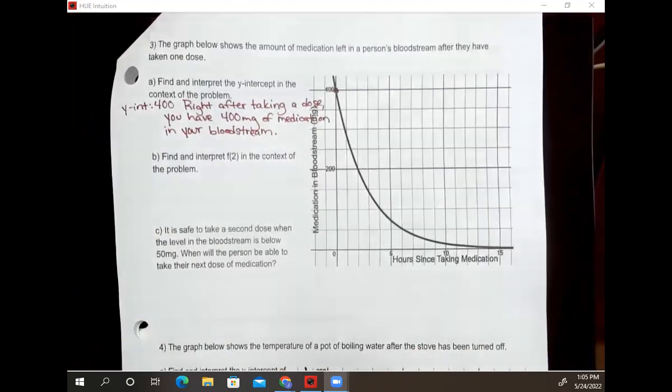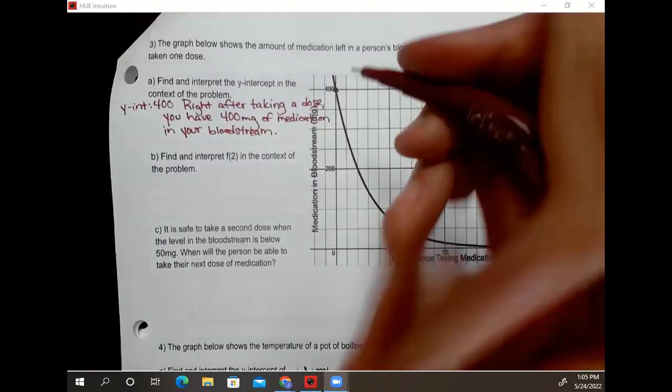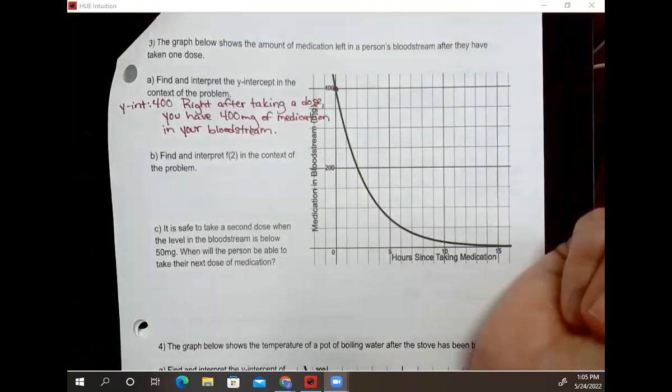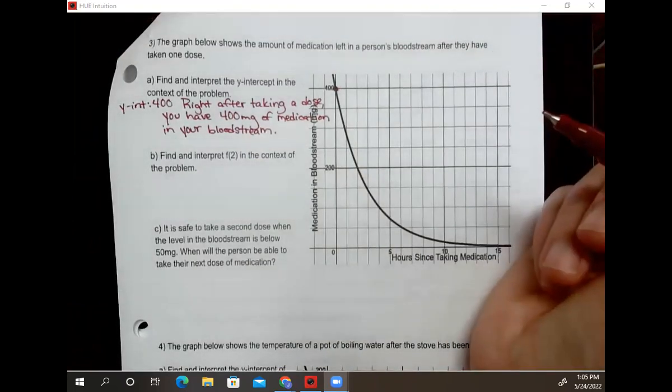If you told me something like what we said with the cup of coffee problem, that a dose of this medication is 400 milligrams, that would work too.